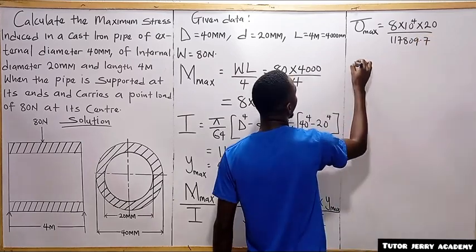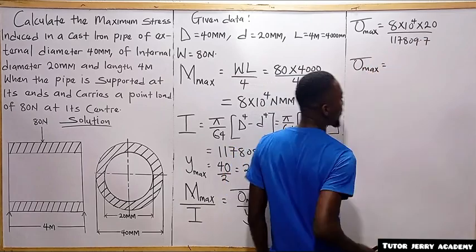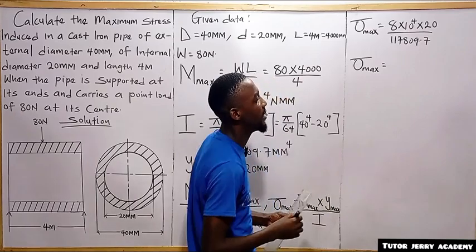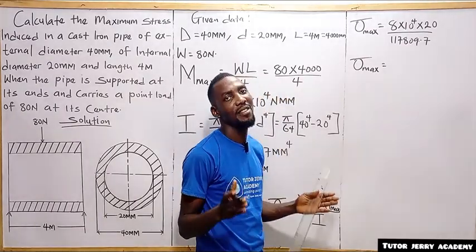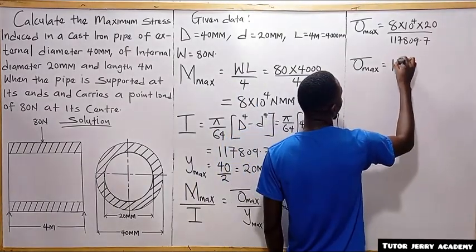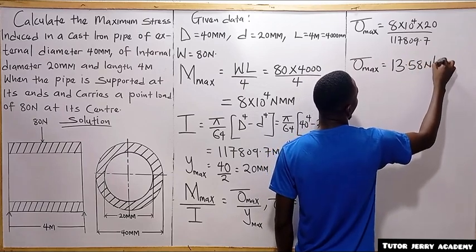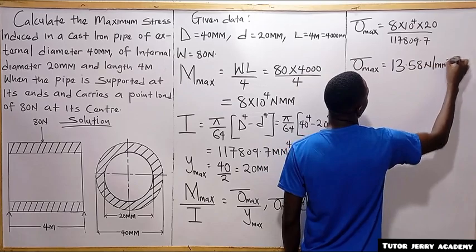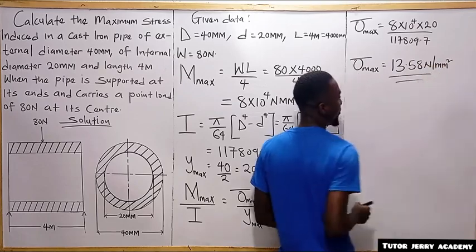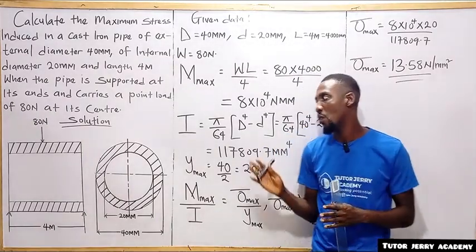All right, so the maximum stress will be equal to, if you press this value correctly, 13.58. So it's going to be 13.58 Newton per millimeter square. So here is the solution to the above question.